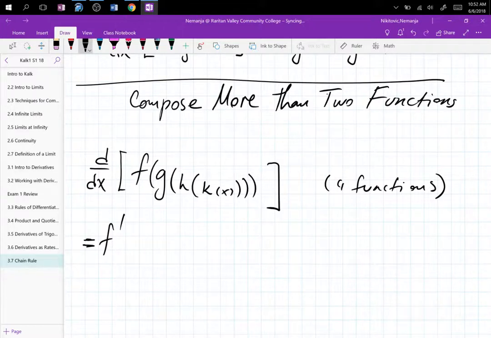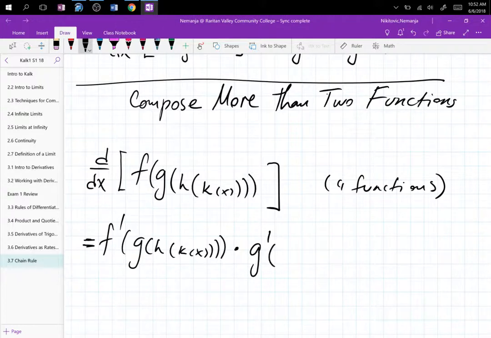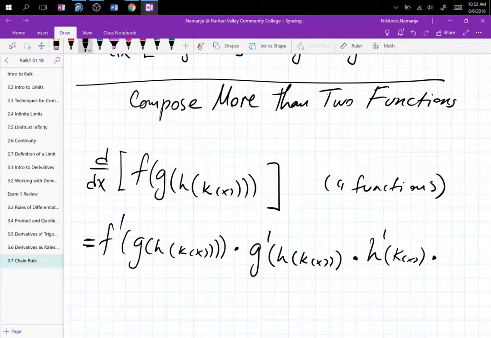This goes with this, yeah. So f prime of g of h of k of x, times, now you go to the derivative of the inner one, which is g prime, but then g prime had h and k in it, times the next one in, which is h prime of still k of x, and finally times k of x prime.